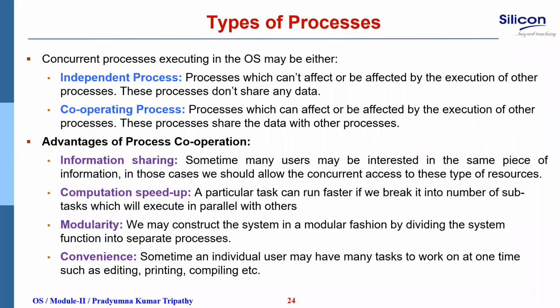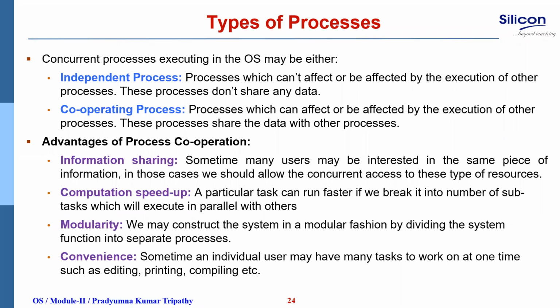If P1 intersection P2 intersection P3 up to Pn is equal to the empty set, then it is an independent process. If it is not empty, that means they are sharing some information or data, then we say it is a cooperating process. Is it understood?